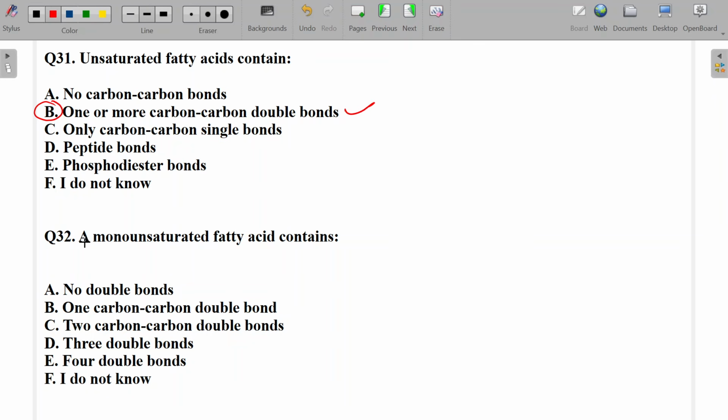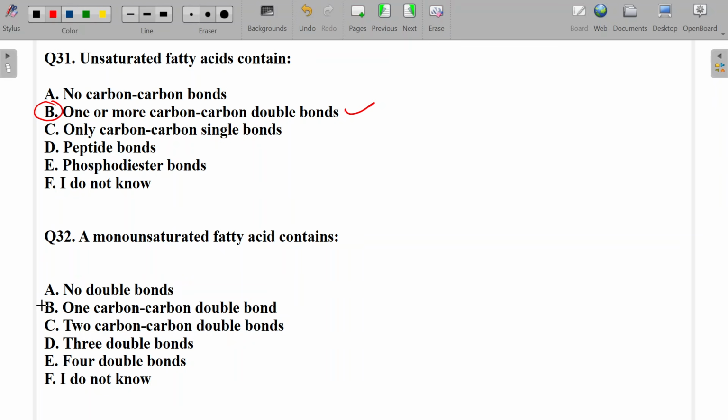Question 32. A monounsaturated fatty acid contains A, no double bonds. B, one carbon to carbon double bond. C, two carbon to carbon double bonds. D, three double bonds. E, four double bonds. F, I do not know.